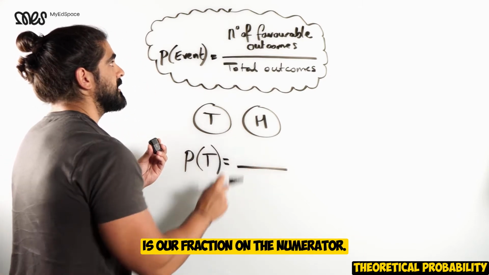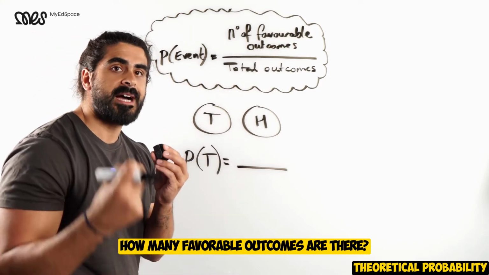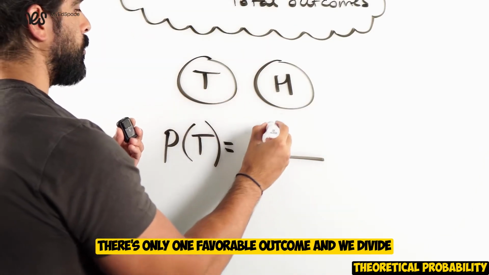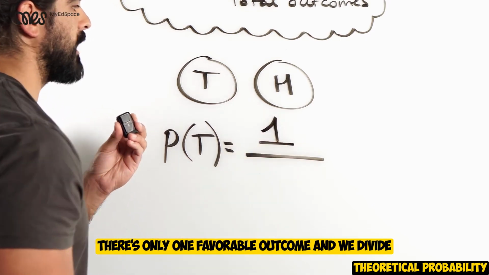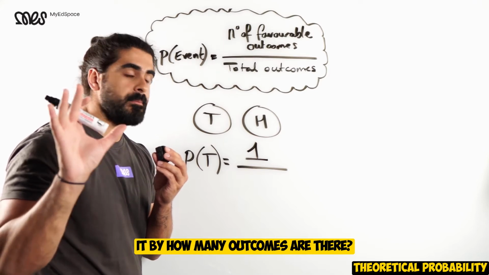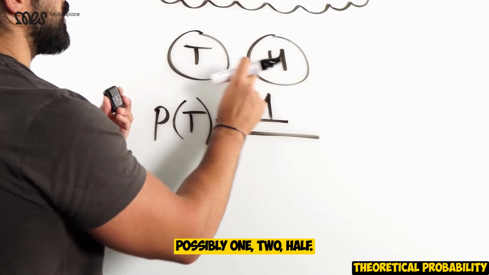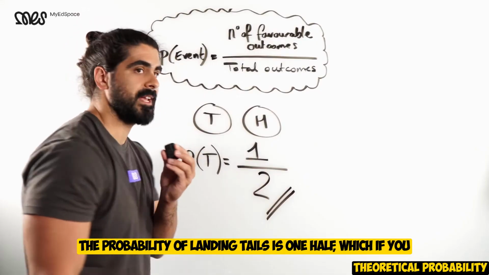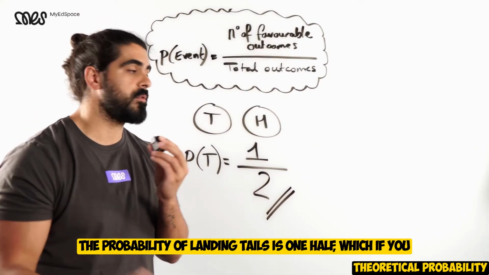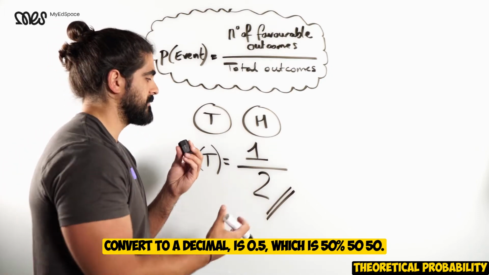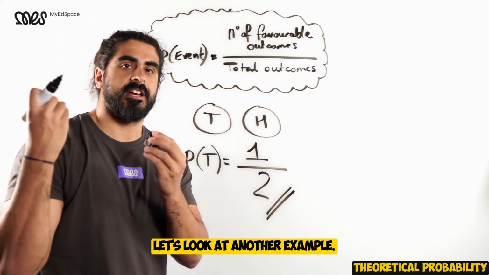On the numerator, how many favorable outcomes are there? Well, I want tails. There's only one favorable outcome. And we divide it by how many outcomes are there possibly? 1, 2. Half. The probability of landing tails is 1/2, which if you convert to a decimal is 0.5, which is 50%, 50-50.